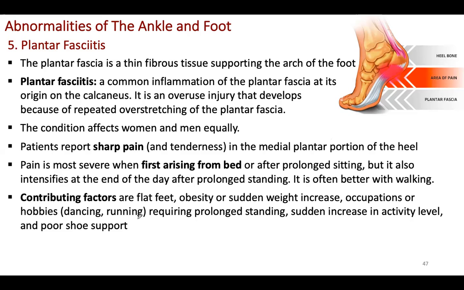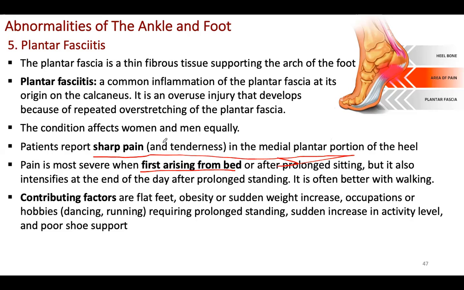Patients report sharp pain and tenderness in the medial plantar portion of the heel. Pain is most severe when first arising from bed. What's the plantar fascia? It's this tough sheet of tissue that extends along the sole of the foot.